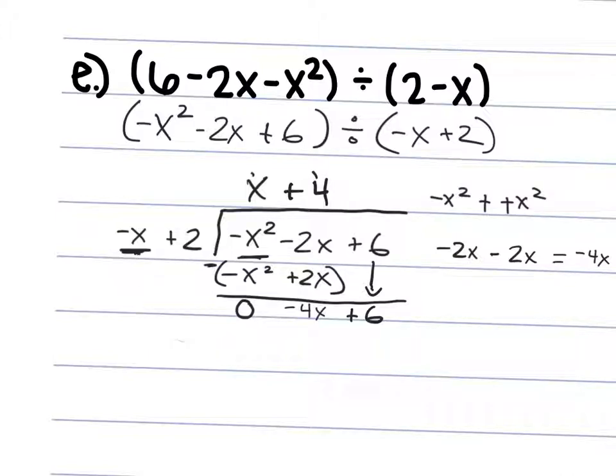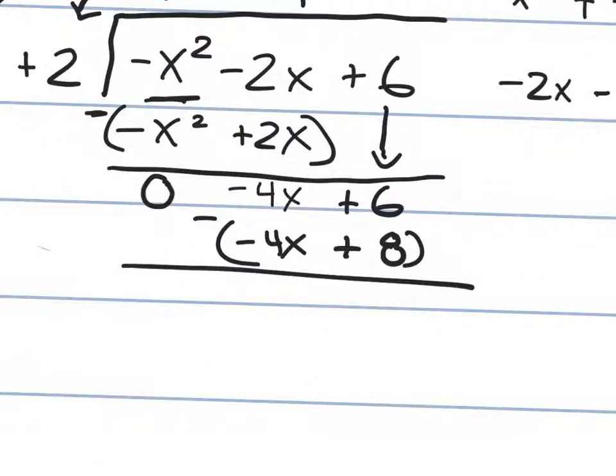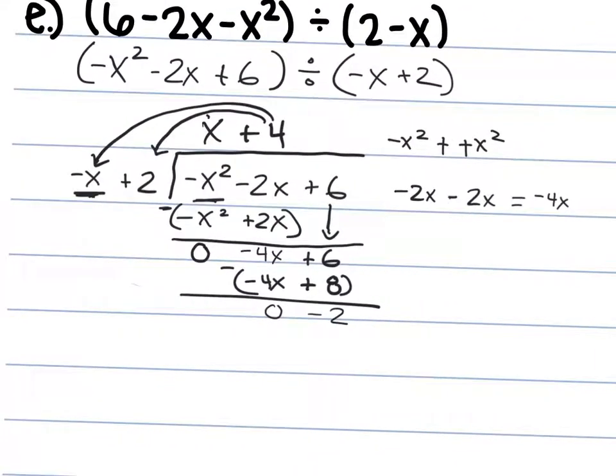Positive 4 times negative x will give me negative 4x, and positive 4 times positive 2 will be positive 8. I'm going to subtract both of those things. Negative 4x minus 4x gives me 0. 6 minus 8 gives me negative 2. What's my next step?